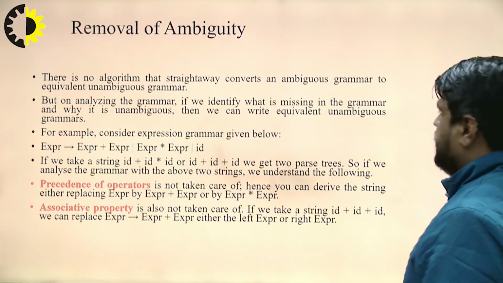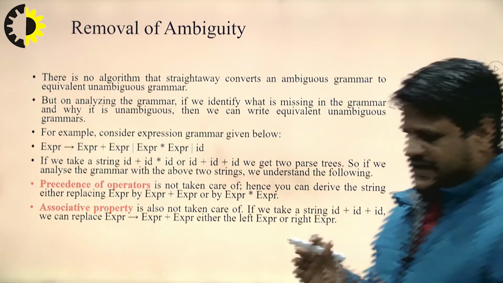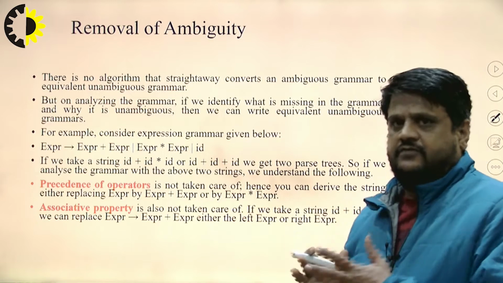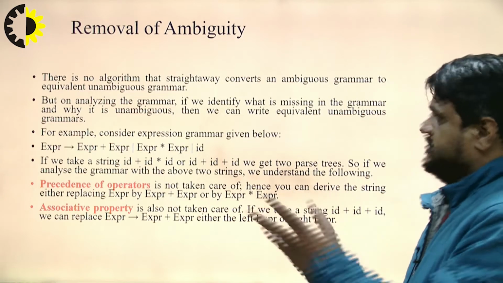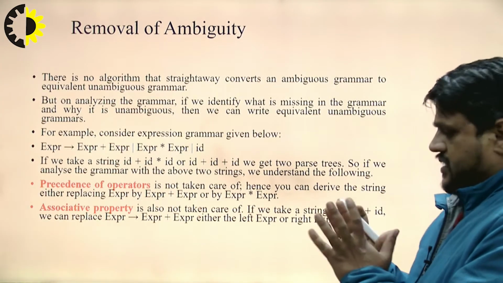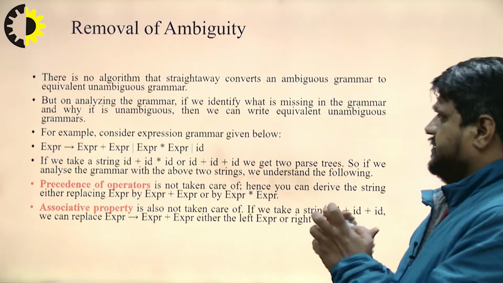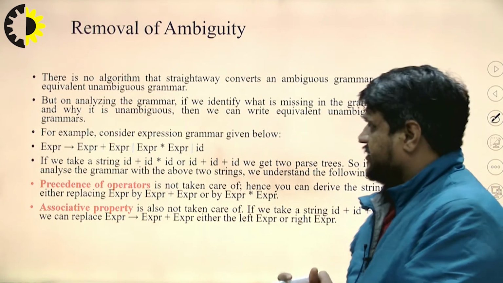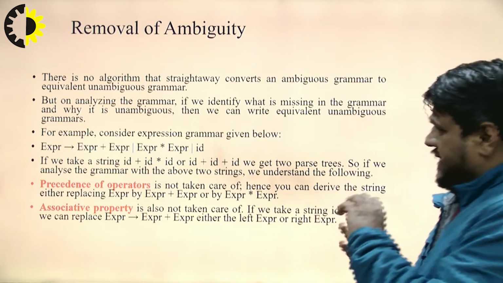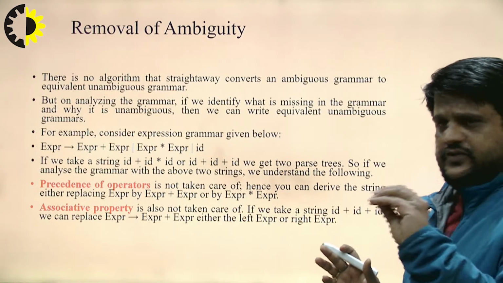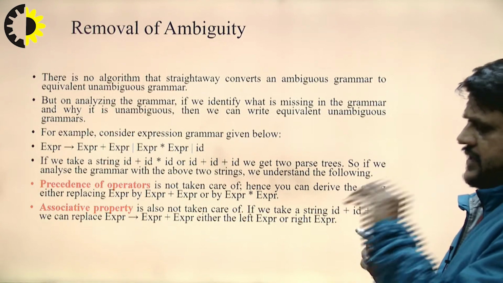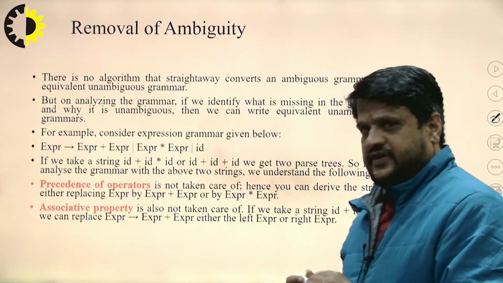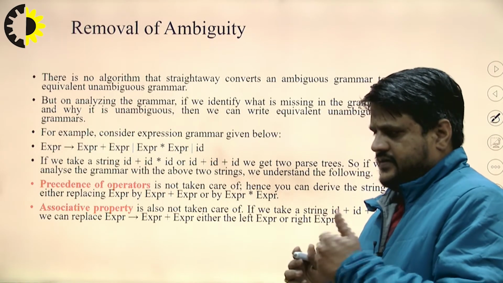Now, we will move towards the removal of ambiguity. Basically, till now there is no algorithm available that can straightforwardly remove the ambiguity from an ambiguous grammar. But if you think about precedence and associativity in the expression grammar, you can easily eliminate the ambiguity, meaning you can easily construct an unambiguous grammar that generates the strings of that particular grammar's language.